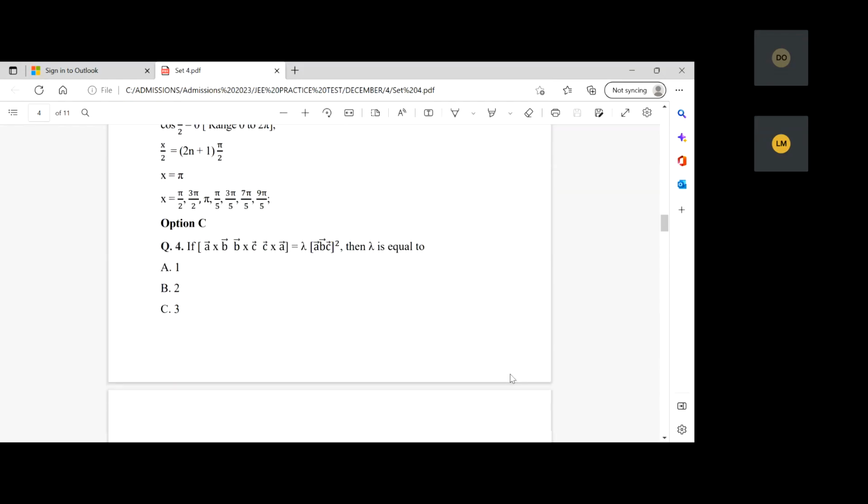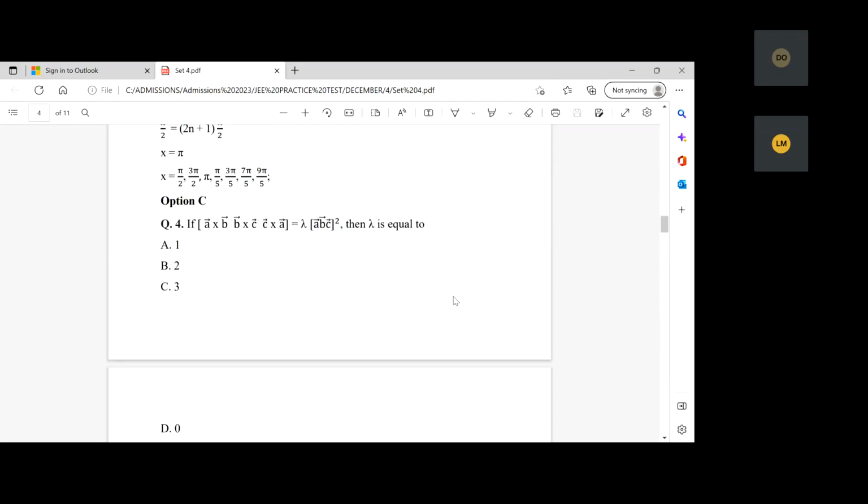So this is also a very simple question, maybe a common question which you have seen. Here we have (A × B), (B × C), (C × A) equal to lambda. We need to find the value of lambda. I hope everybody knows about the scalar triple product and the formulas of all of them.